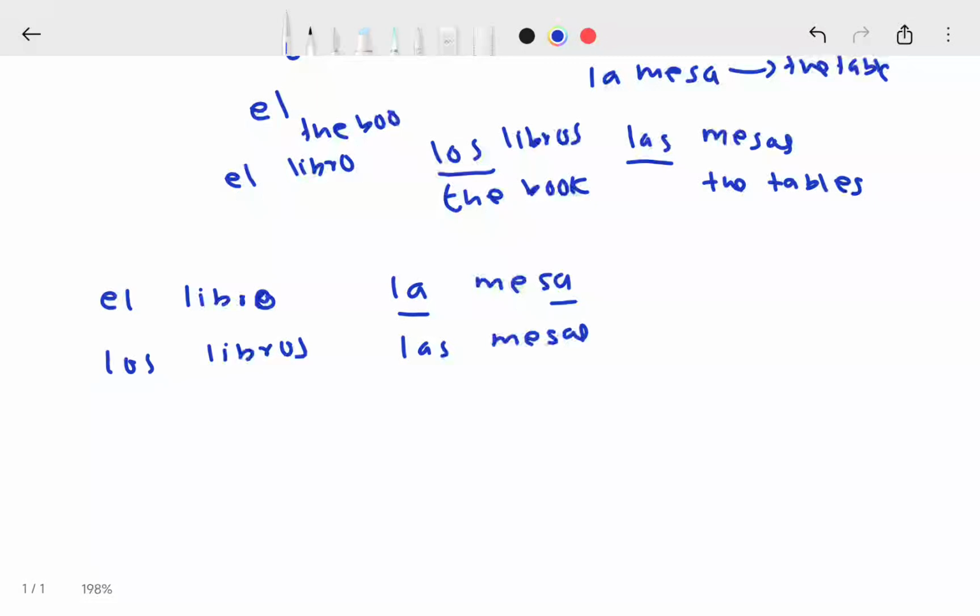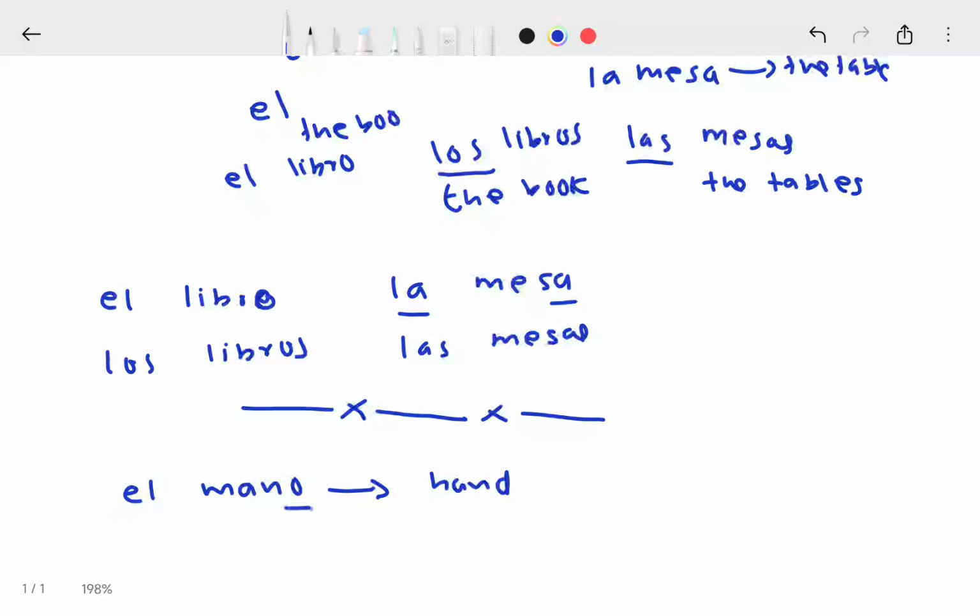But it will not always be correct. In some situations it can be changed. So we will go through some examples which are contradictory to this rule. El mano, which means hand.